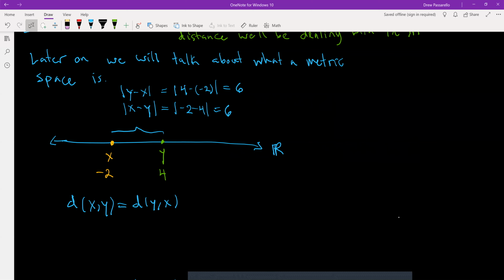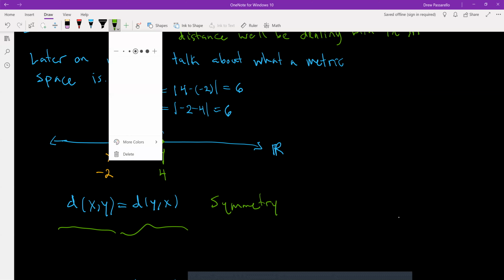So the point of that was that the distance from x to y is the same as the distance from y to x. So this is a symmetric property, which we should already know, because we're taking the absolute value and how it's defined, it's always going to be positive.